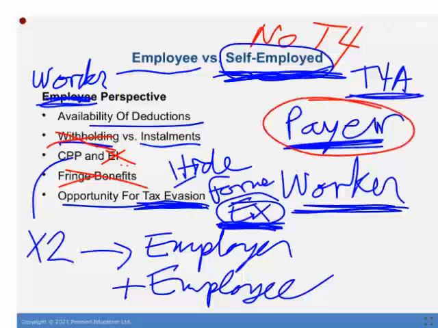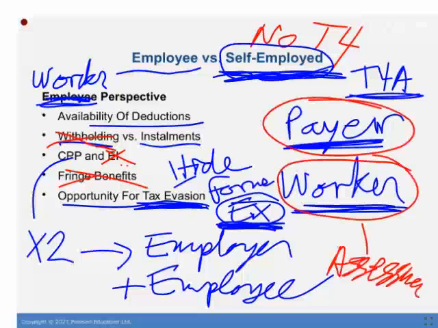And if they find individuals that are getting paid off of payroll, just straight checks, then they'll want to know who these people are and what they're doing. And they can look at those workers and do an assessment on their status.